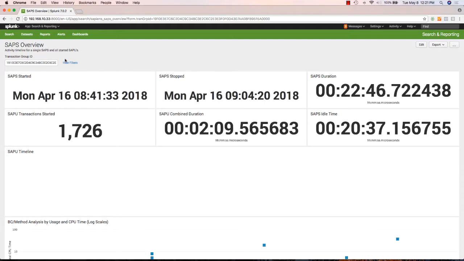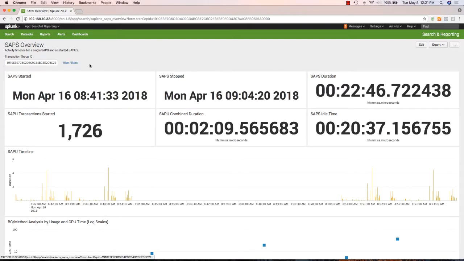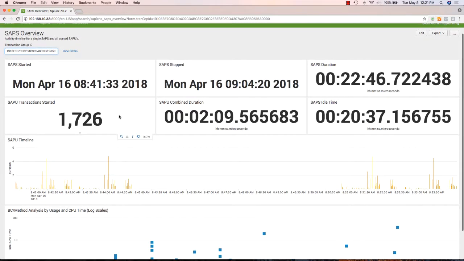Now, here's another kind of dashboard that we created. We also built this sort of panel so that we can actually say, here's the transaction group ID, and what really happened under that. Now, this was one that really was a known problem. It represented a spike. What happened here? So using Splunk and the data that we've externalized, we just give them a single dashboard to understand this whole transaction group.